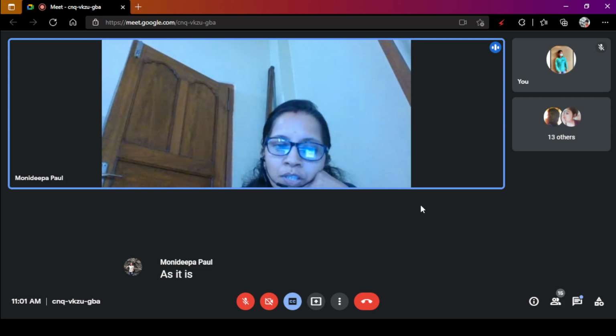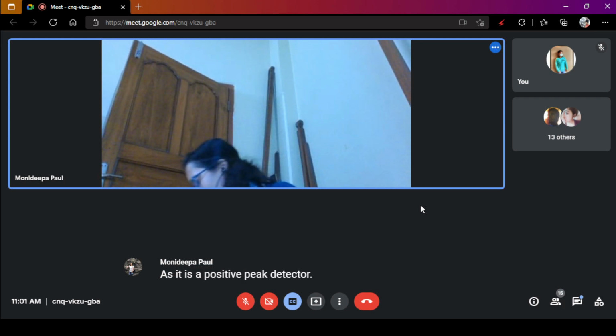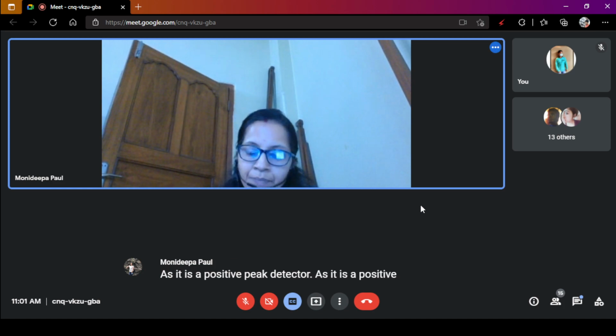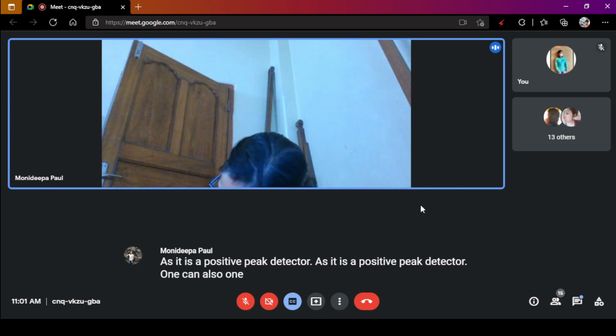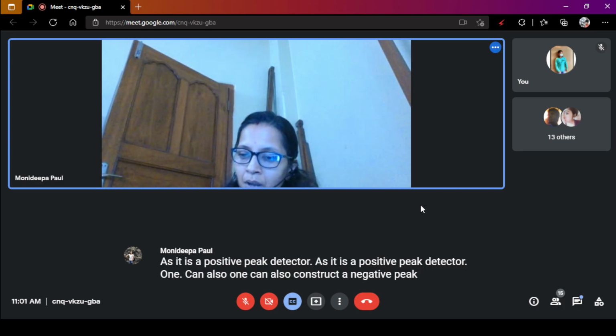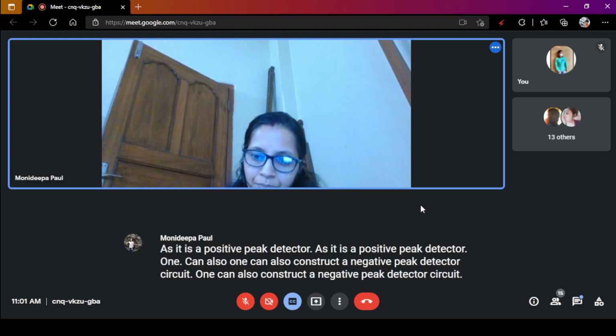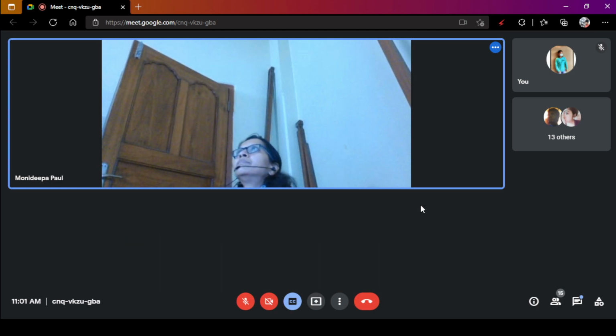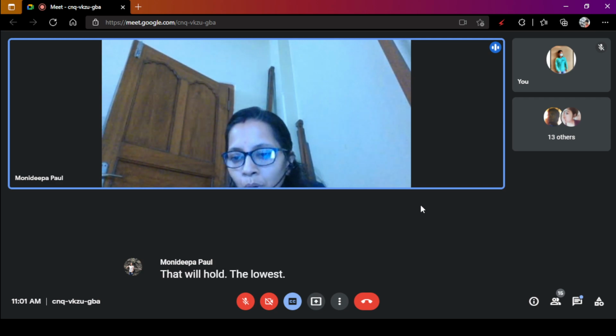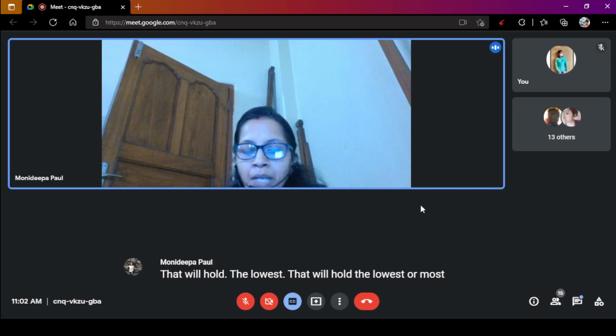As this is a positive peak detector, one can also construct a negative peak detector circuit that will hold the lowest or most negative signal voltage.